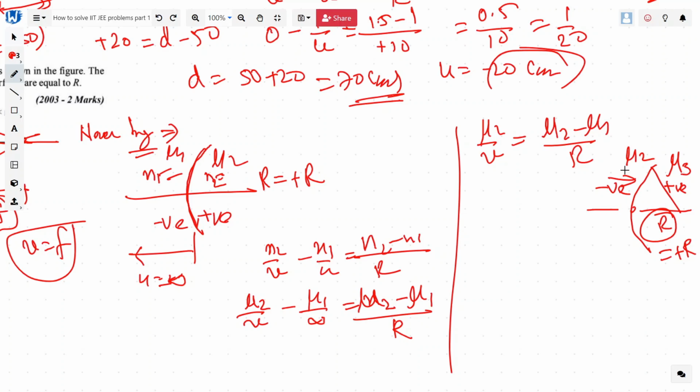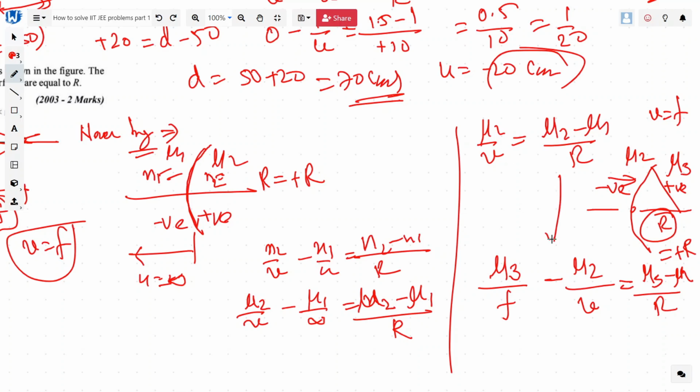And we don't know the u, so we'll just keep that. We'll write mu3, and the v is going to be the focal length, on this side, so v is positive, so we'll say f, minus mu2 by u, which is this distance v2 by v, and this is going to be equal to mu3 minus mu2 by r.